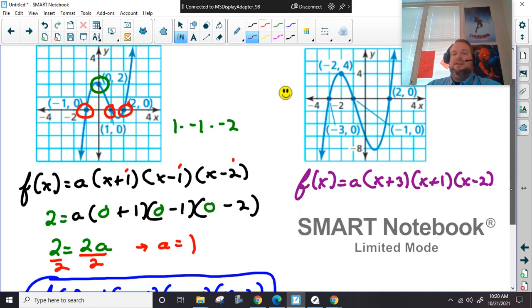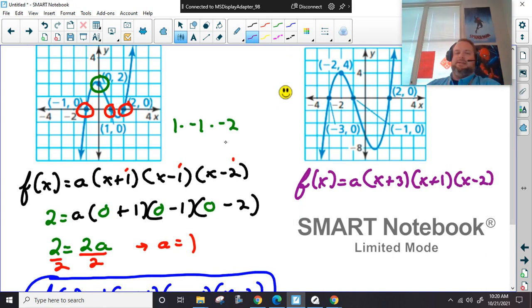Now, this one was kind of tricky right here. There's 2 y-intercepts. We could guess what this is and use that as my y-intercept, or we could plug this in for x and y and solve from there.